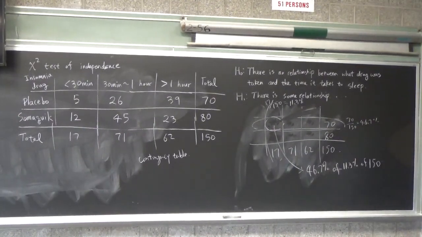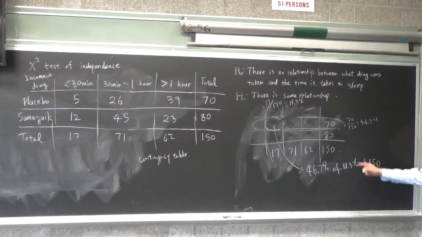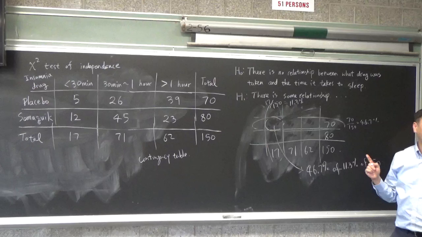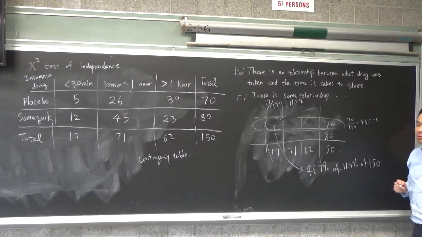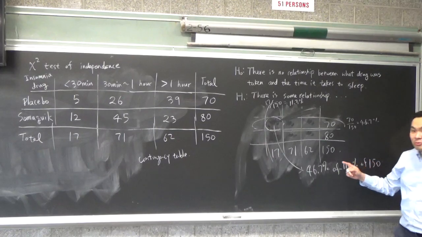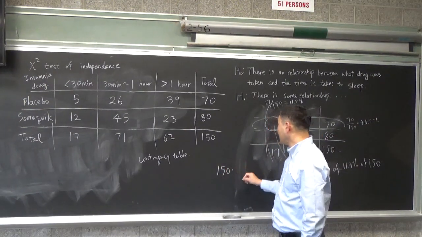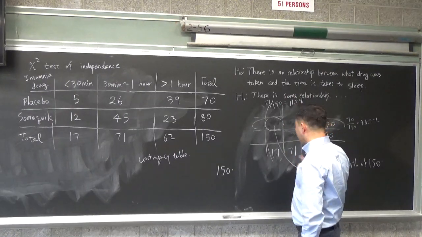Does that make sense? Right? You're just going by the proportion suggested by the totals. That's all I'm doing. Now, if you want a formula, since you guys like formulas, you just have to do 150 times 17 out of 150.